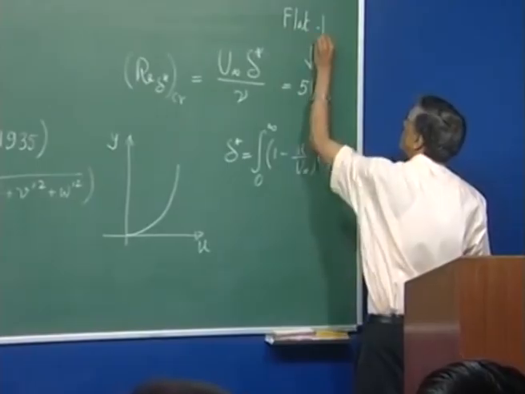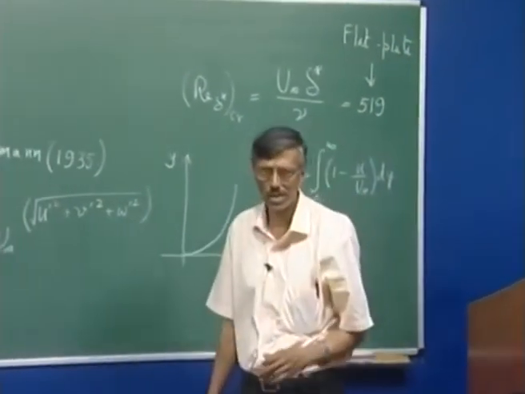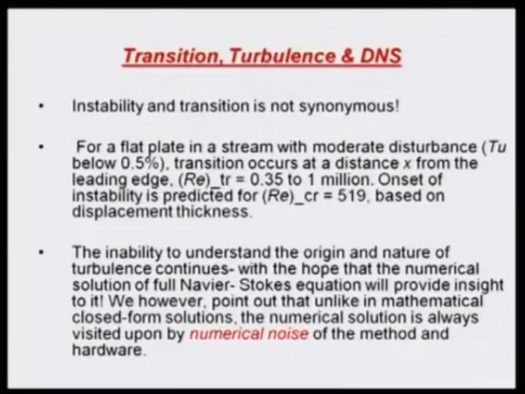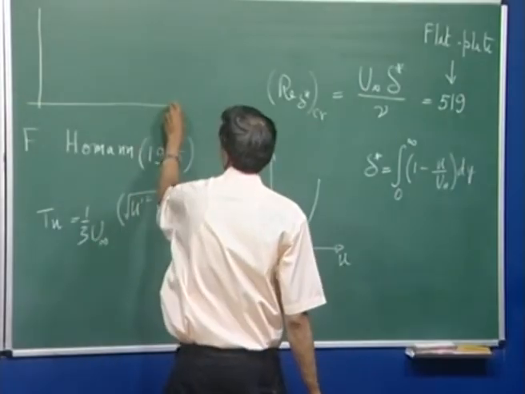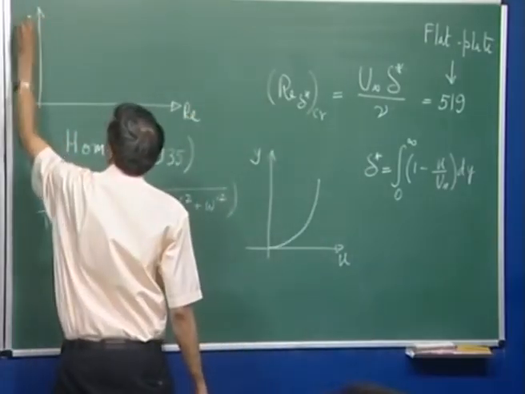Flat plate, what do you mean by flat plate flow? This is a flow with zero pressure gradient, like what you get from the Blasius profile. So, if you look at that, that value is definitive, whereas transition can occur at a variable location. It could be between 0.35 and 1,000,000. We also showed this in yesterday's class, where we plotted Re versus Cf.